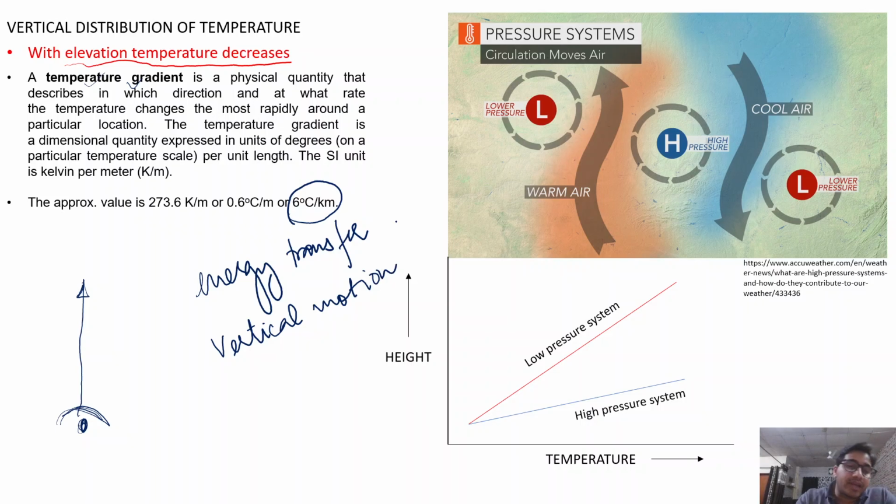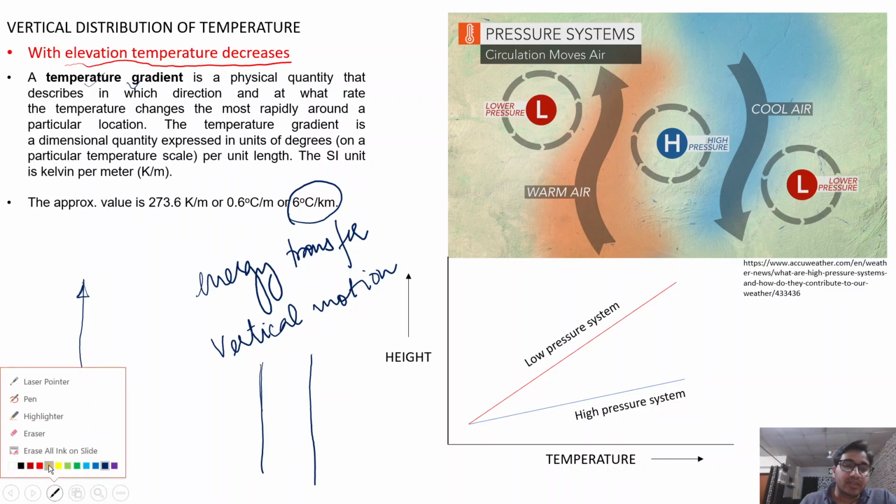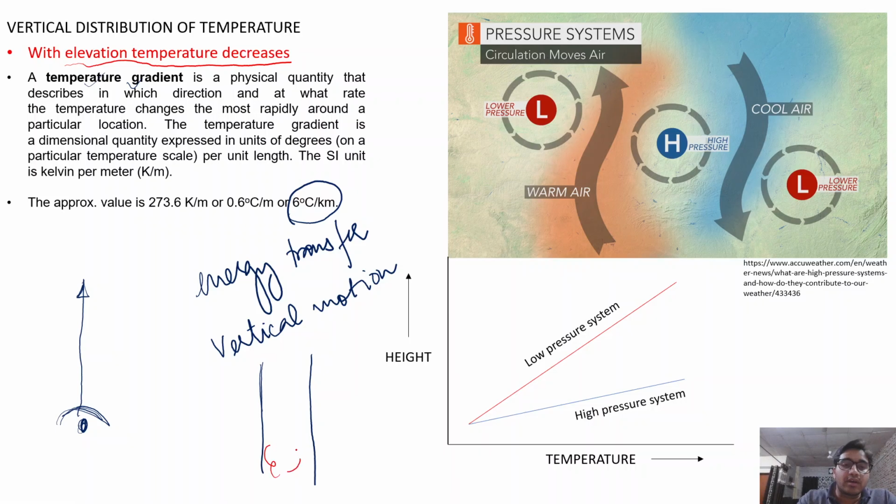It means that in this column of air, as the air starts to rise, as this vertical movement of air takes place, we know that on rising the air expands. Now, once it expands, normally the air becomes cool.